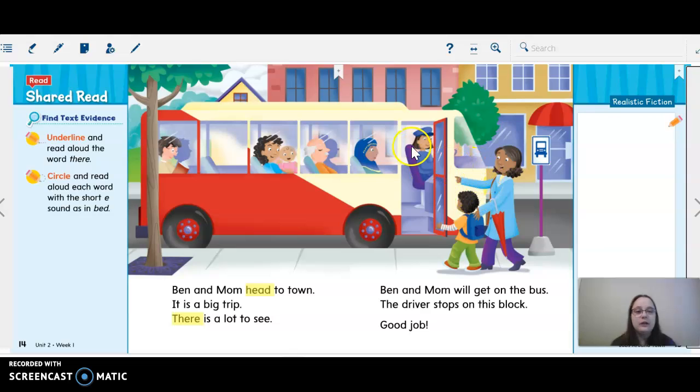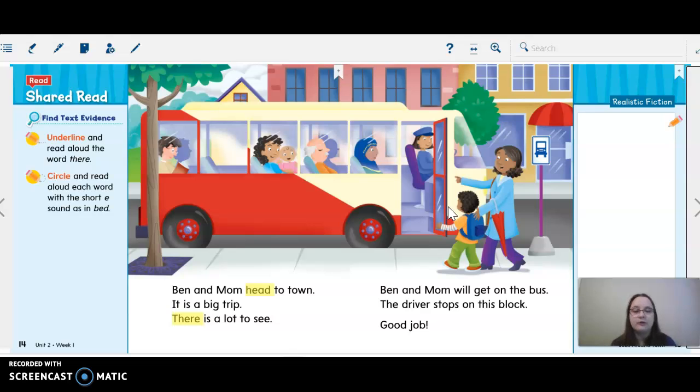So we can predict that this is a bus driver. Just looking at the picture, before we read, we can predict that this is a bus driver. And then by reading, it says Ben and Mom will get on the bus. The driver stops on this block. So we know that that's a bus driver.